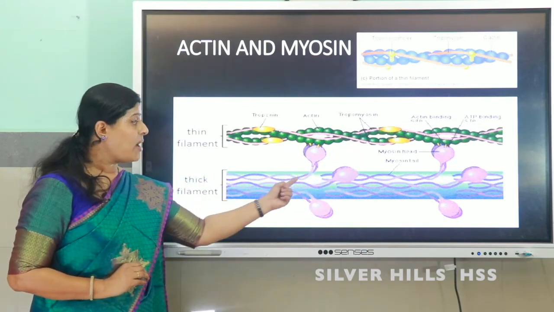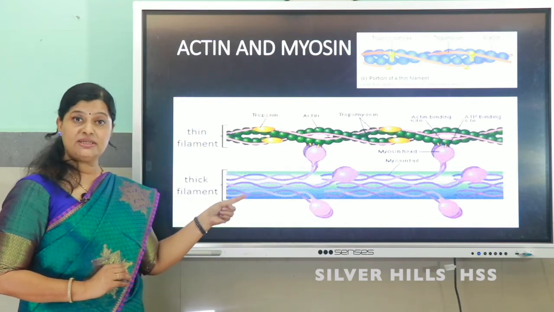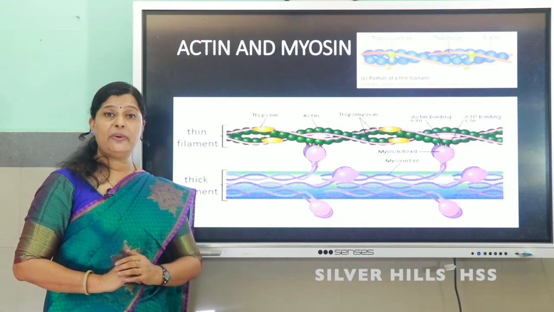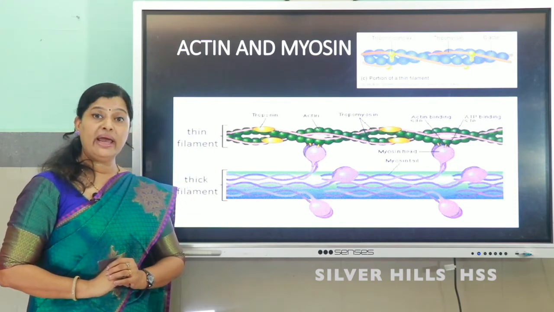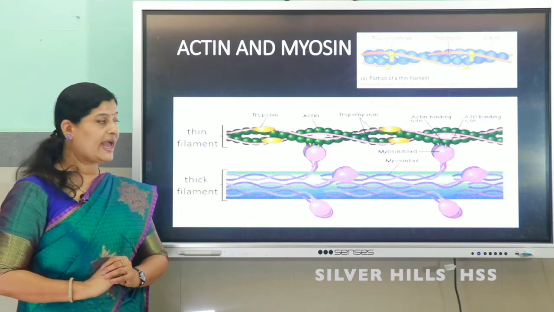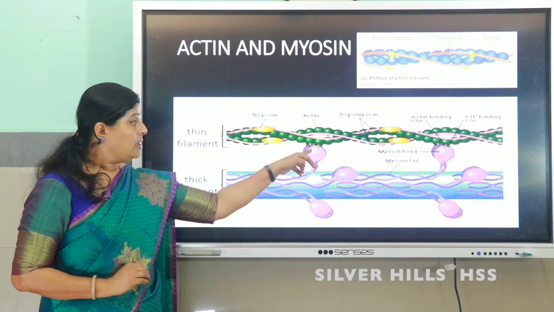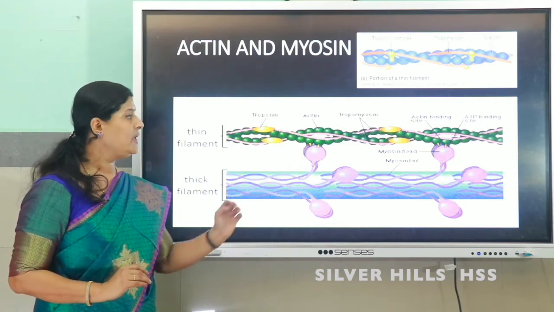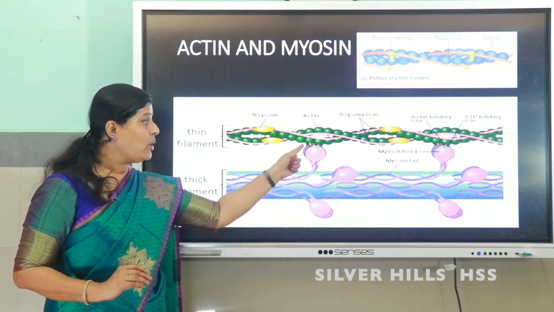Let's learn about the myosin protein. These purple color structures are the myosin protein. Myosin proteins are made up of individual units called meromyosin. Each meromyosin is the individual unit of myosin protein. Now, myosin protein has a globular head.